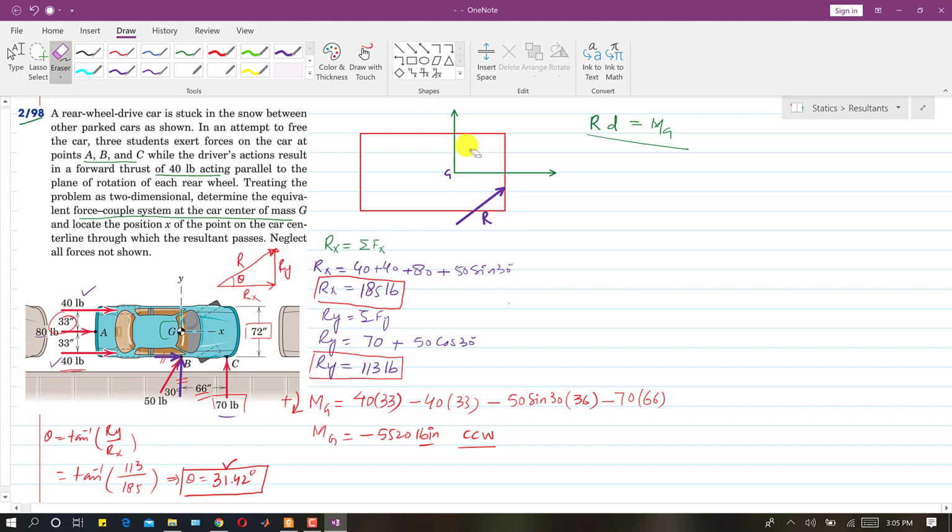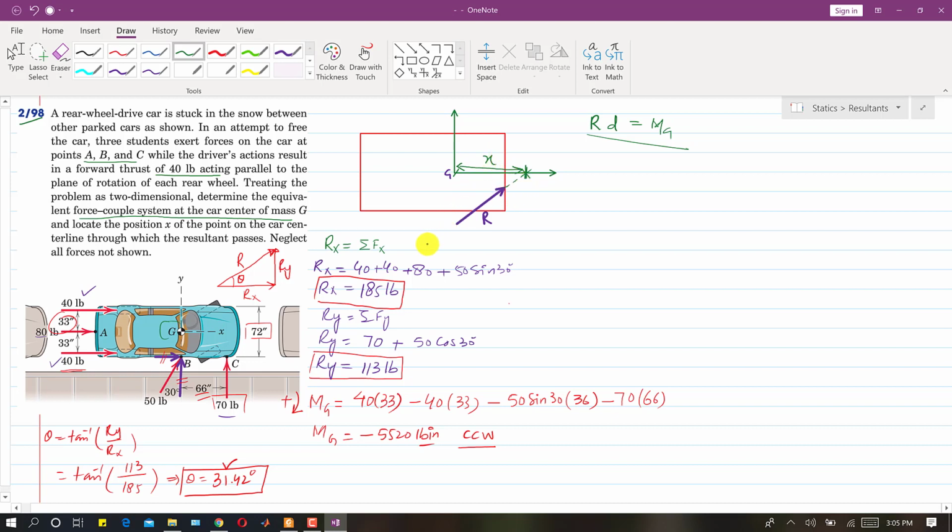Now we will find the x-intercept. We are only asked to find the position x of the point on the curved center line through which the resultant passes. If I extend the line of action of this force, this is the distance we need to determine. In this problem it is said to find this x distance.